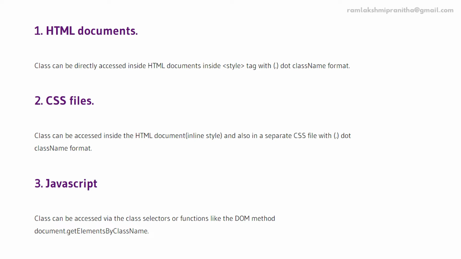CSS files: class can be accessed inside the HTML document inline style, and also in a separate CSS file with the .className format. 3. JavaScript: class can be accessed via the class selectors or functions like the DOM method document.getElementsByClassName.